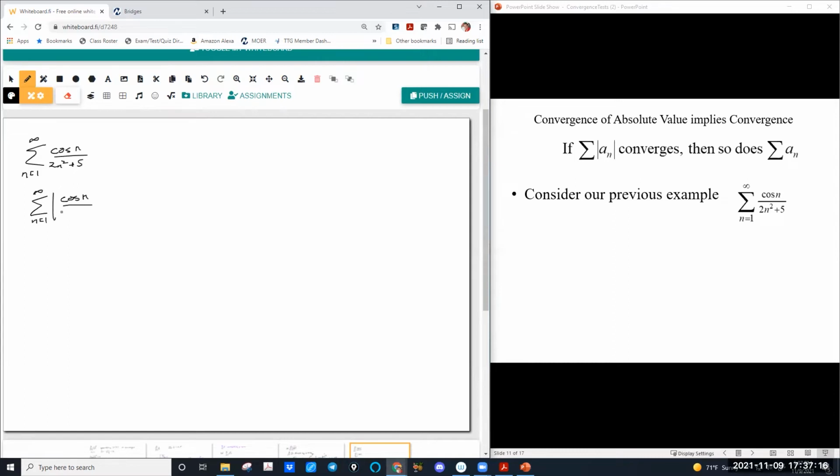What that does is take care of the fact that we had negative terms. And we know that cosine of n is always less than or equal to 1. So this sum is going to be less than or equal to the sum of 1 over 2n squared plus 5.